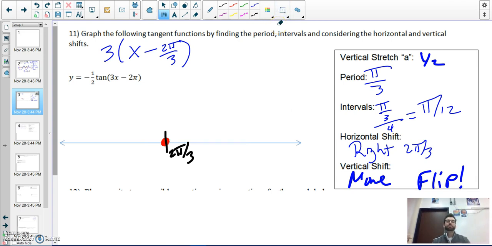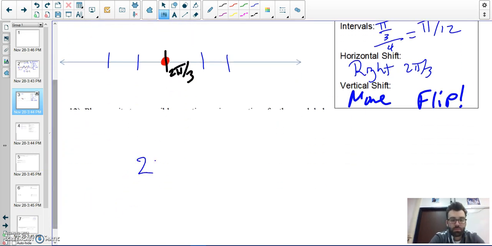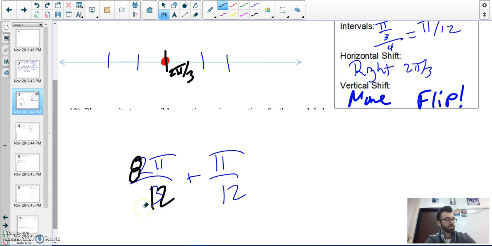So remember, when we talked about tangent, we have two vertical asymptotes. One of them appears 2 units after our original point. One appears 2 units before our horizontal shift. Our intervals are pi over 12. So I have 2 pi over 3 plus pi over 12. I want to convert this into pi over 12, which means I'm going to have to multiply by 4 and 4, so that gives me 8 over 12.